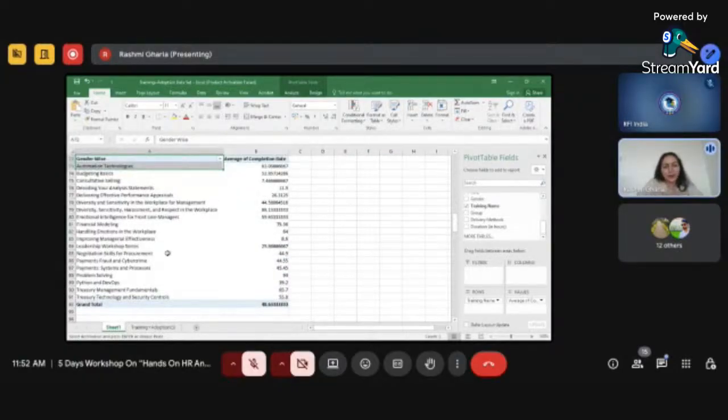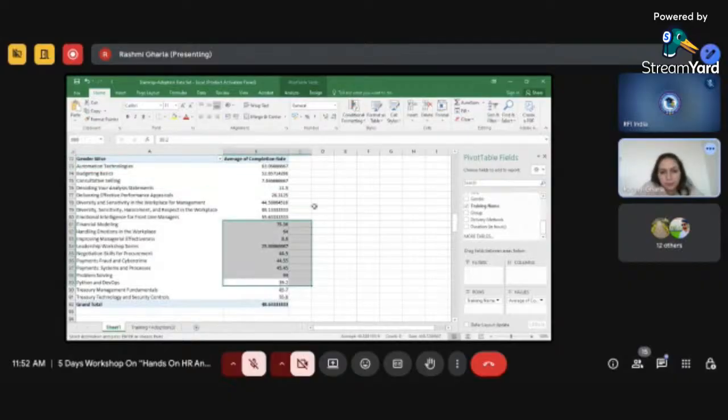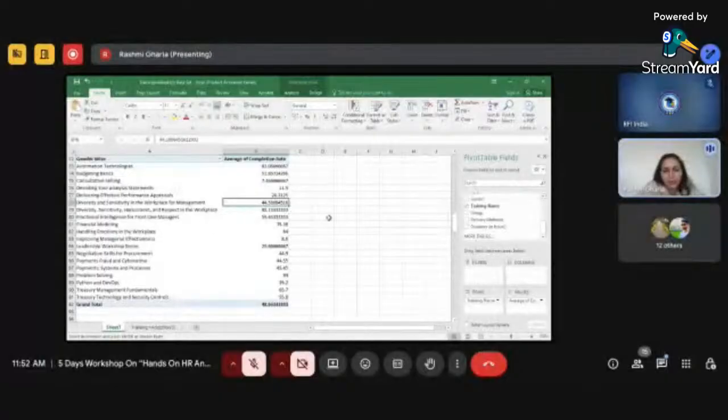So if you see here, what can you interpret out of this table? For which kind of training program is the completion rate higher, and for which kind of training program is the completion rate very low? Diversity and sensitivity is one of the training programs for which we can see a very good completion rate, that is 88.13.